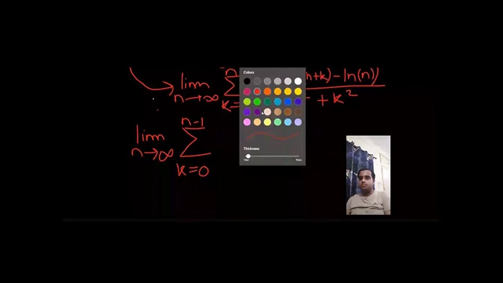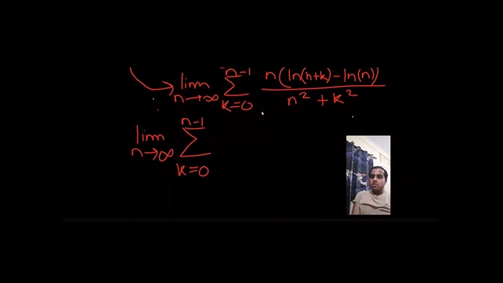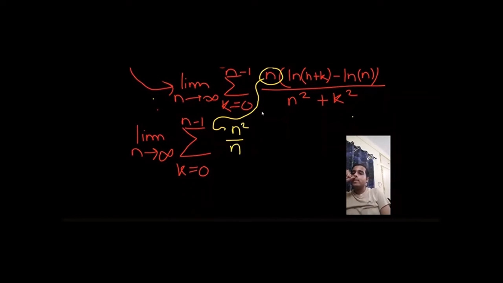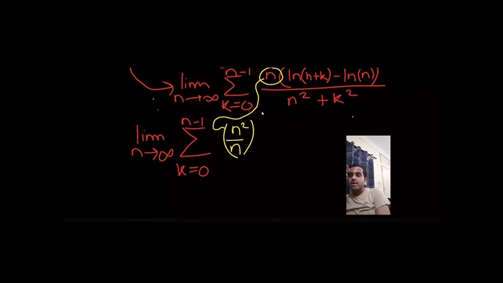I will write it with yellow. n square by n. Yes, it is simply saying that we can write n as n square by n. Obviously that will also result in n.